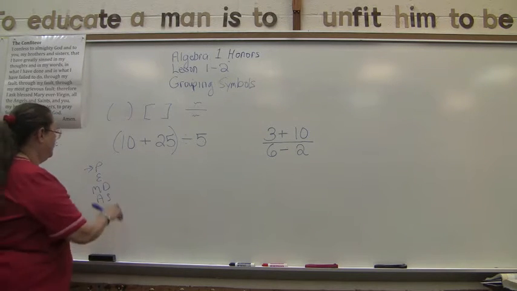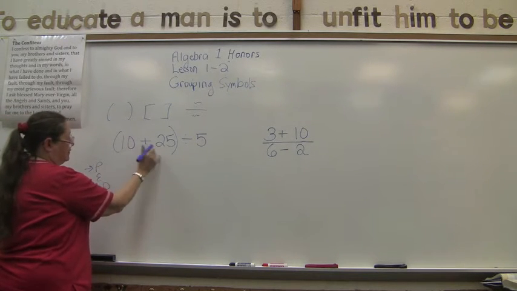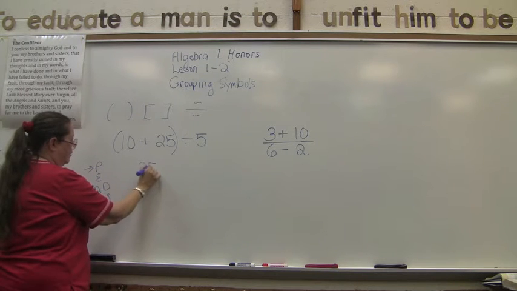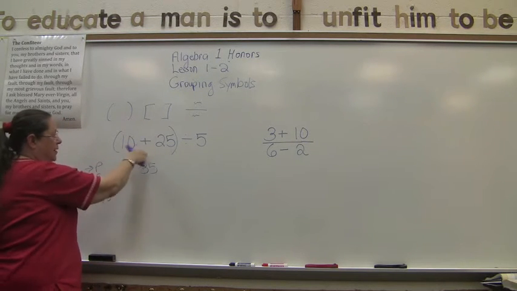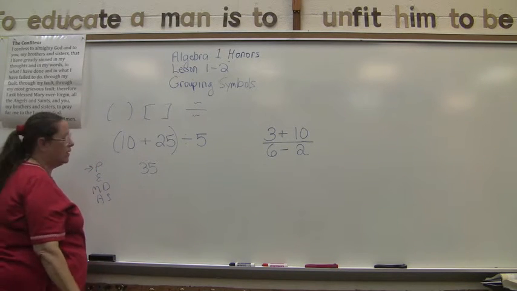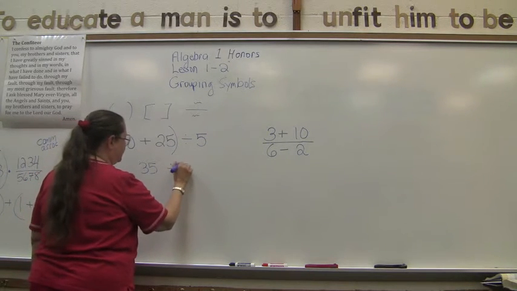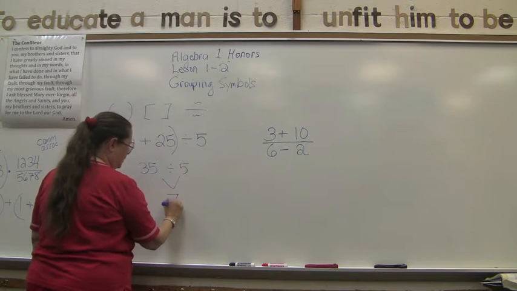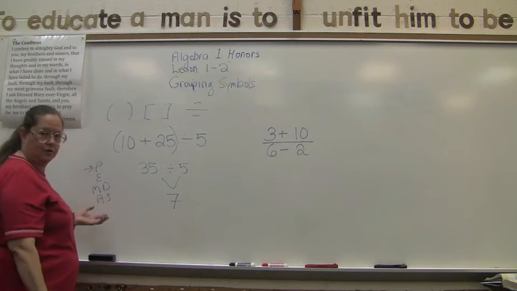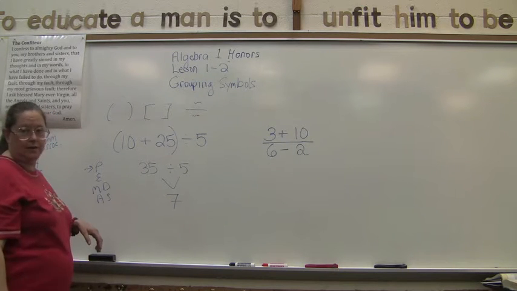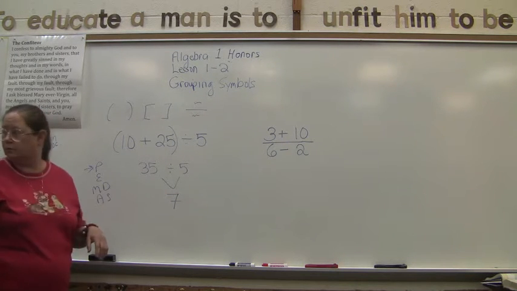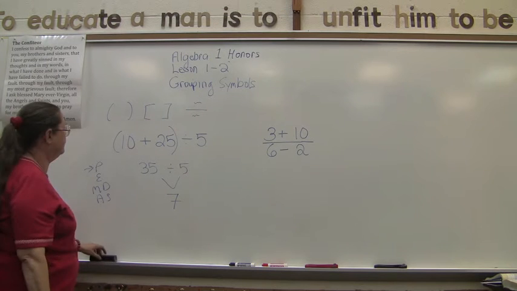And that means that I have to do this first. So I add 10 and 25, and I get 35. That's the value of the numerical expression in that parentheses. Then divided by 5, do that operation, and I get 7. Okay, so I get a different number if I use grouping symbols than if I do it without grouping symbols.